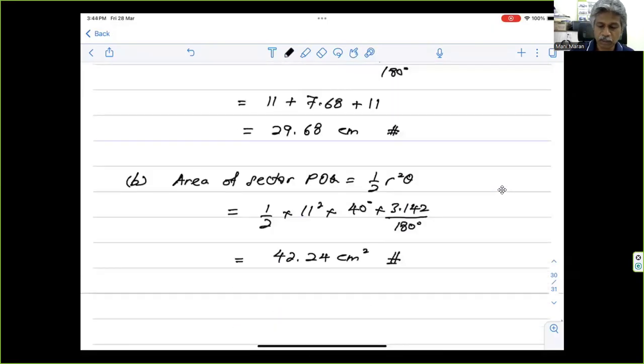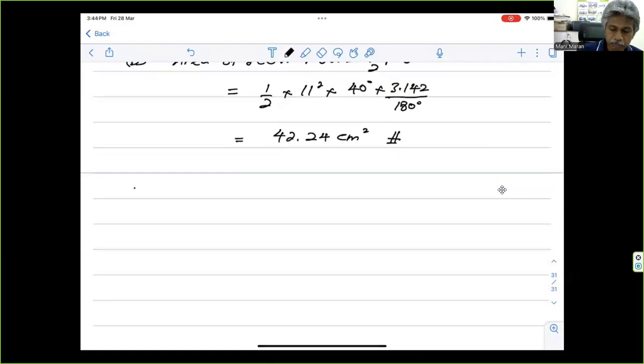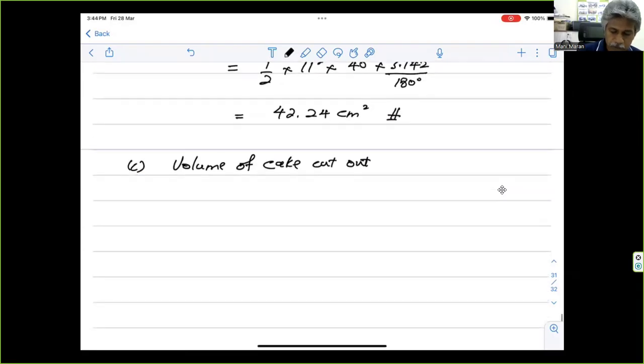Therefore, the volume of cake cut is equal to base area multiplied by height.